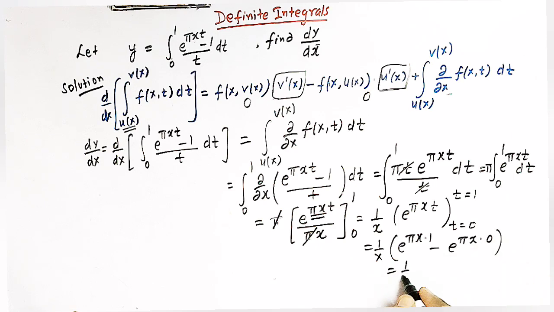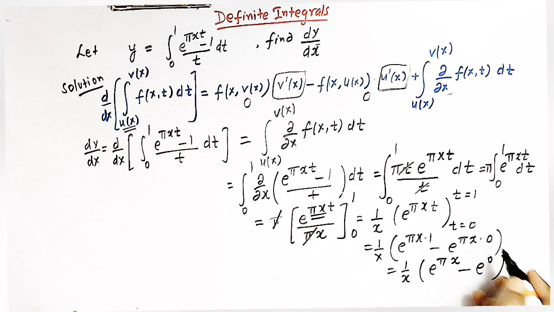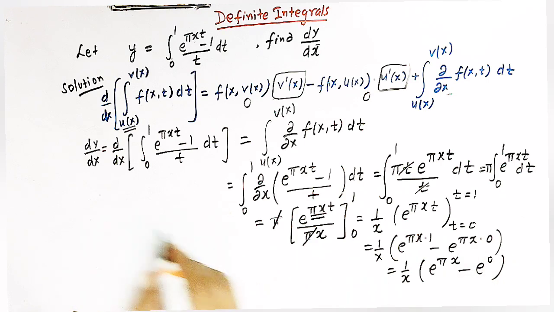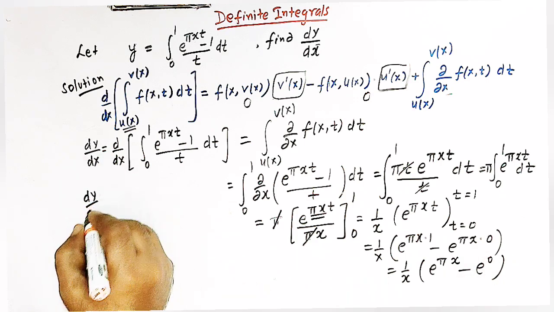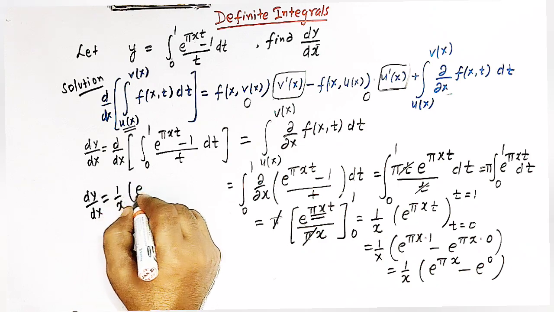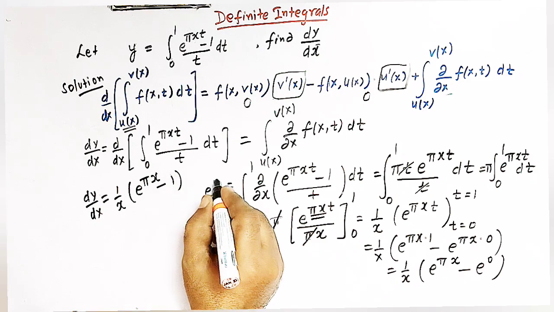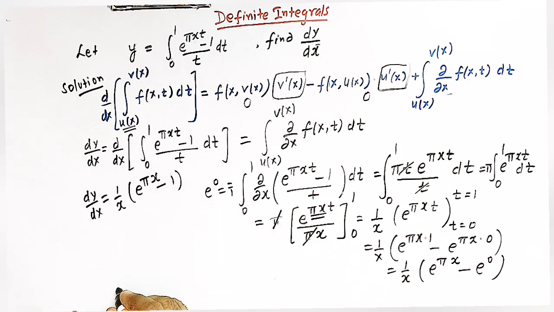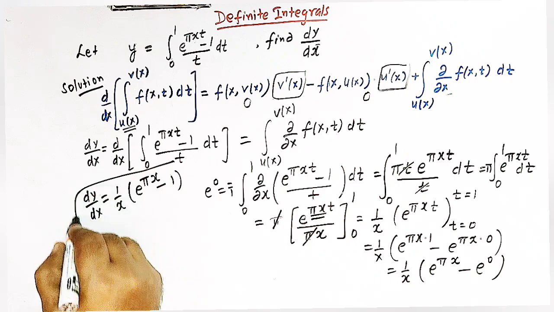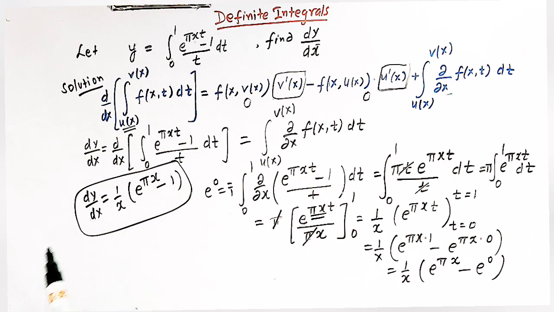So we have 1 over x, this is e raised to pi x minus e raised to 0, because pi x times 0 is 0. So we have now the derivative dy over dx is equal to 1 over x times e raised to pi x minus 1, because e raised to 0 is equal to 1, right? So this is the desired derivative of y with respect to x.